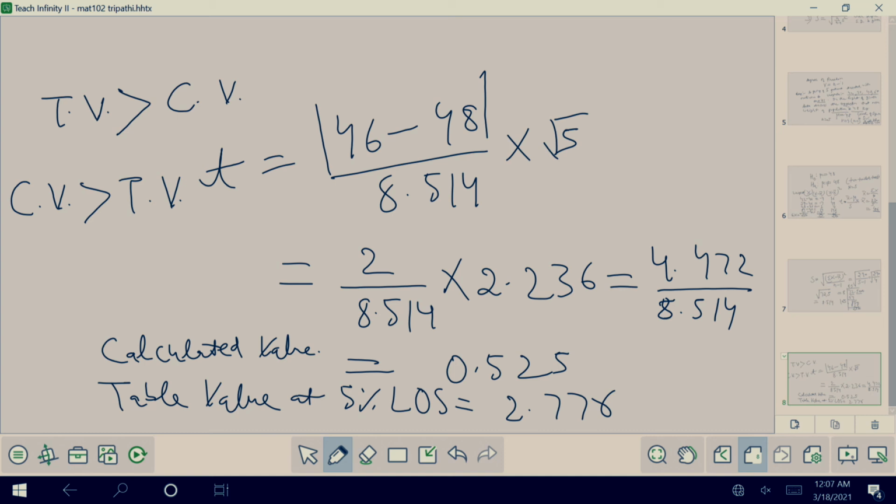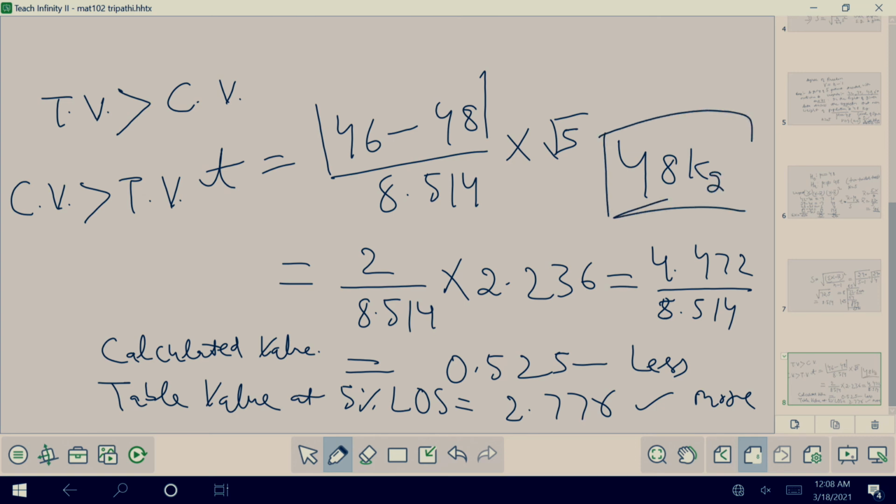And in this question you can see table value is more, right, and calculated value is less. So we will accept the null hypothesis and conclude that since the calculated value of t is less than the table value, we accept the null hypothesis and conclude that mean weight of population is 48 kg. So null hypothesis accepted in this case.